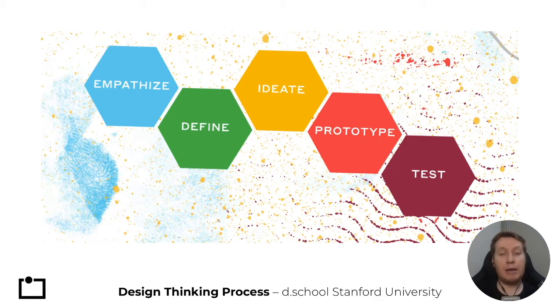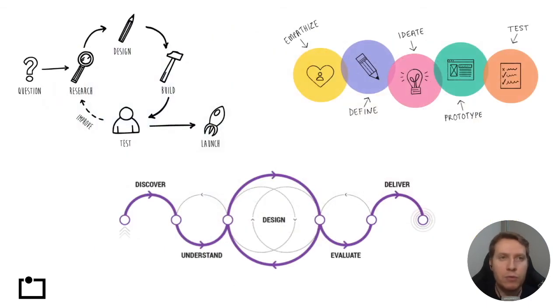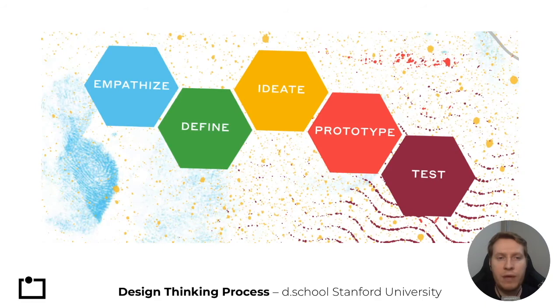But an important point that I need to tell you is that although the image shows the process as linear, it's not a linear process. The same way we had the previous one here, a process that comes in discover and goes to understanding, and then we have a cycle here, and then evaluate and deliver. It's exactly what we have with design thinking.